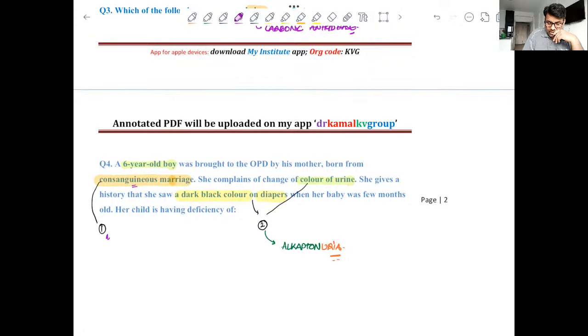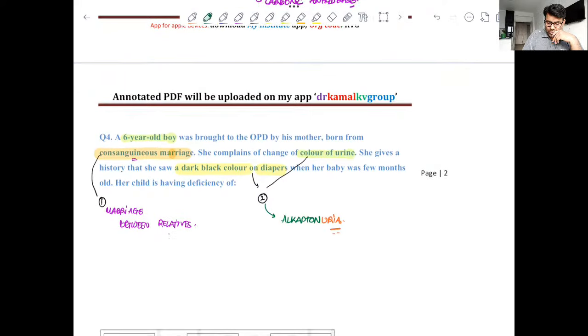It means marriage between relatives. Clear? So marriage between relatives, and this holds very important especially in cases of autosomal recessive inheritance.